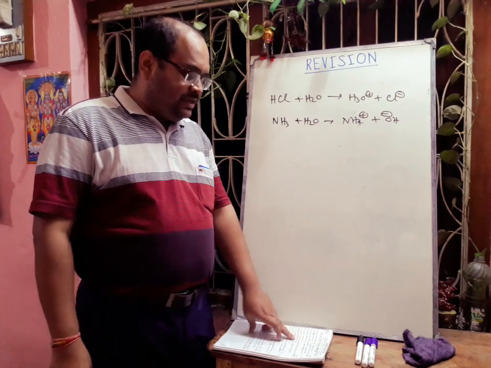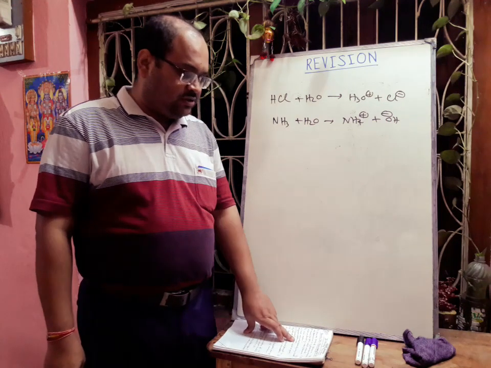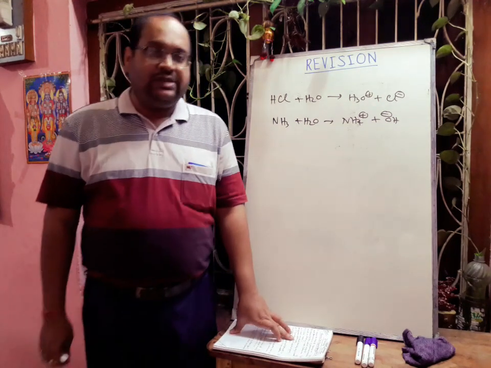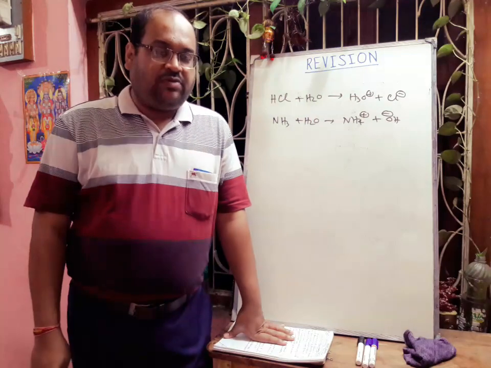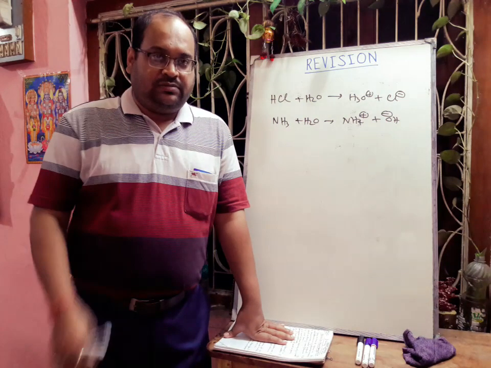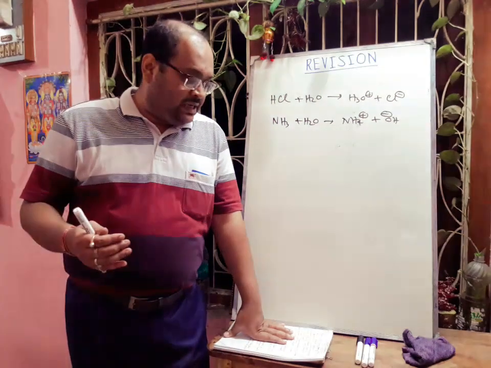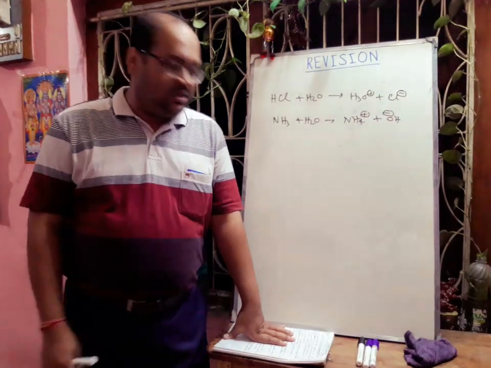Next question was, give reason: NaCl will conduct electricity only in fused or aqueous solution state. We know that NaCl is an ionic compound, so in the solid state there will be a higher electrostatic force of attraction among ions.